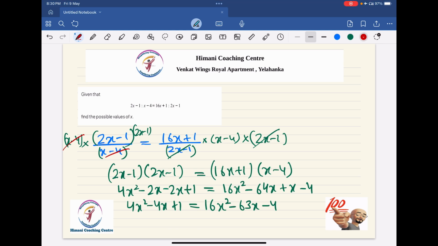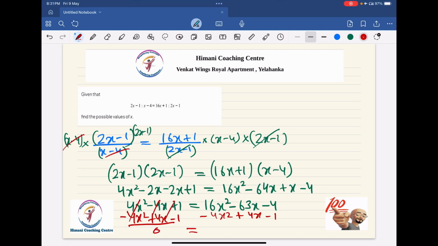Okay. Now let us remove 4x square from this side. So that happens and I get minus 4x square here. Minus 4x, so I should do plus 4x here. Plus 1 will become minus 1. So this side we have got 0 because everything cuts.